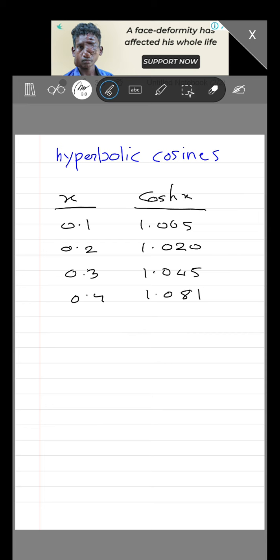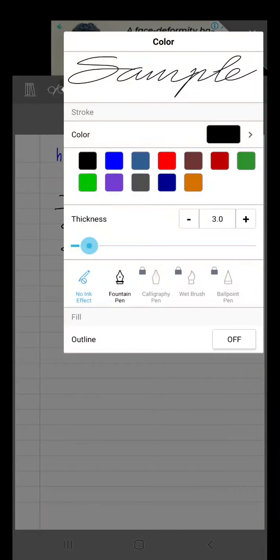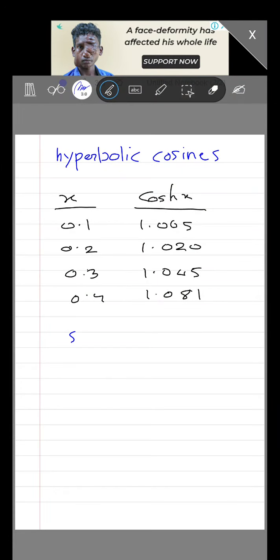Now the simplest polynomial is a straight line. So if we consider a straight line, the simplest polynomial, then the function f(x) is equal to a1 plus a2x.